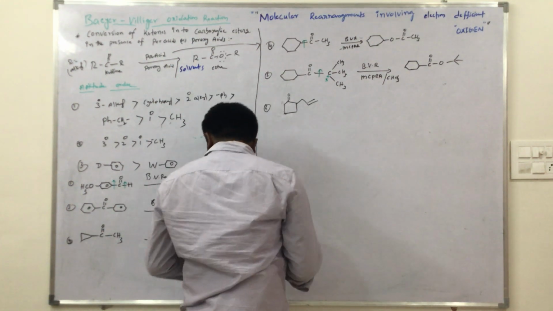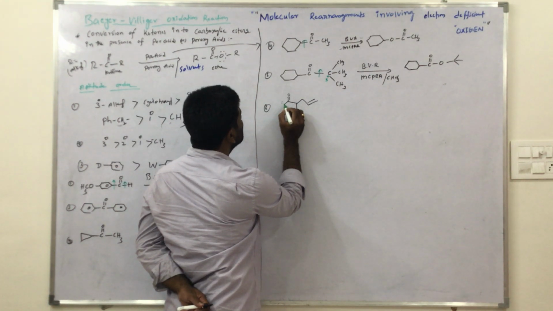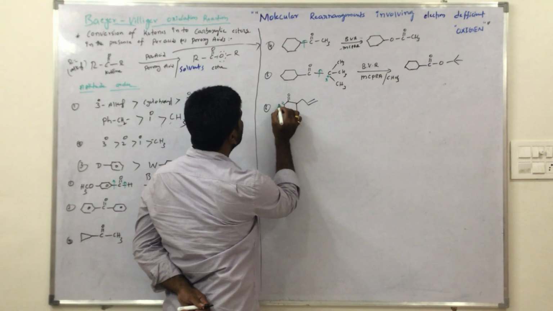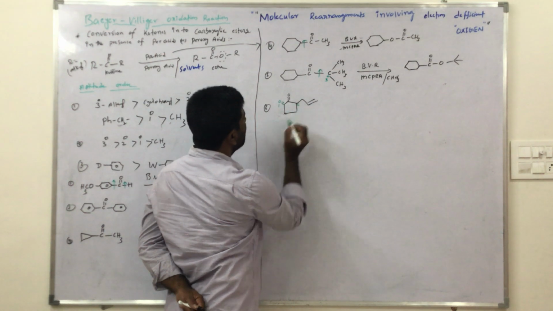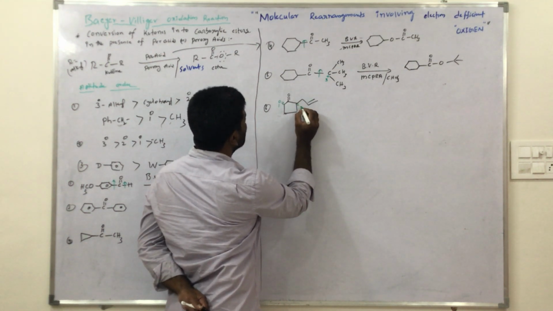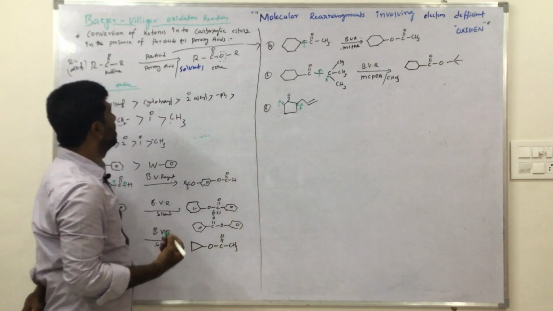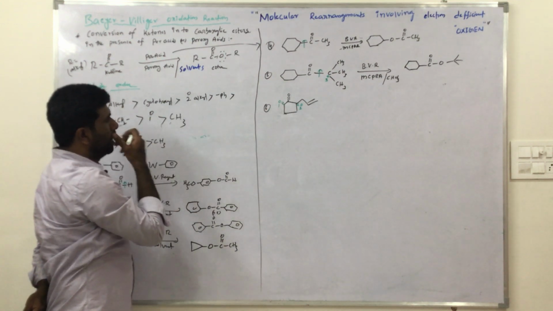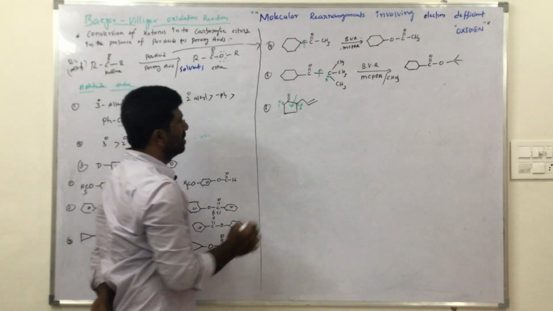See, observe carefully. This is a double bond, and this carbon has only one bond, that means this is primary, right? This carbon has one bond and a second, that means this is tertiary, right? Primary and secondary is more preferable, so in this way oxygenation takes place.